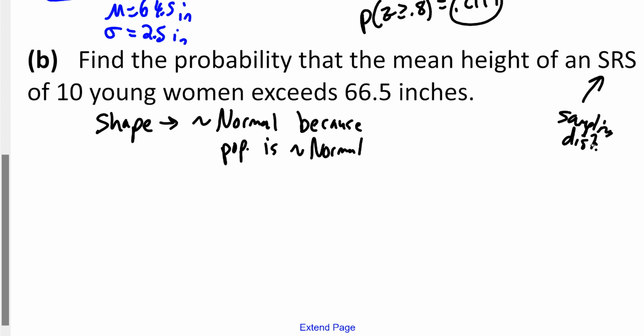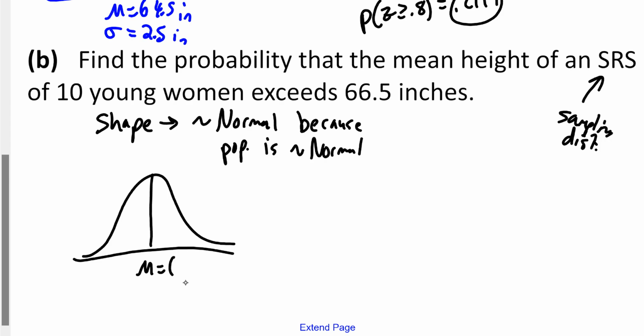So we're going to make our normal curve, but it's not going to have the same mean and standard deviation. The mean will be the same, but the standard deviation we said is sigma, which was the 2.5, divided by the square root of n, which is 10. Now we can answer the question.